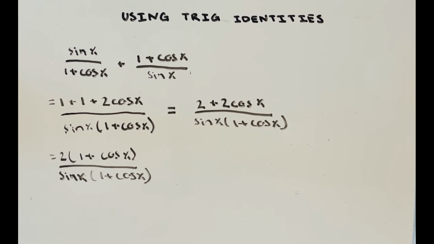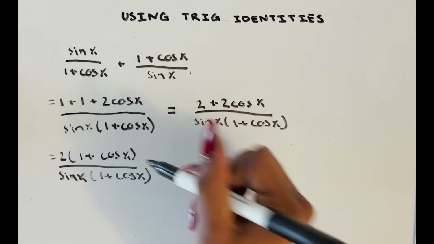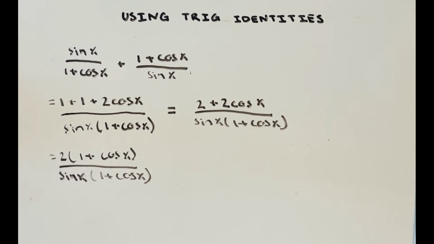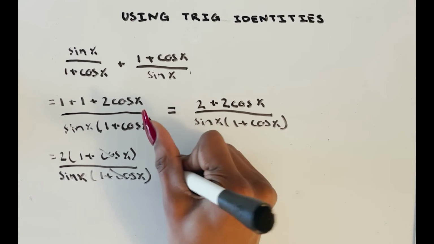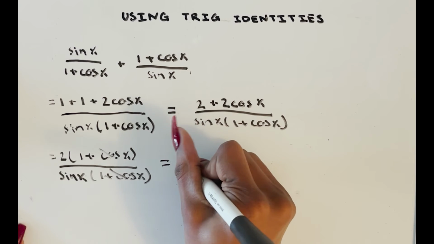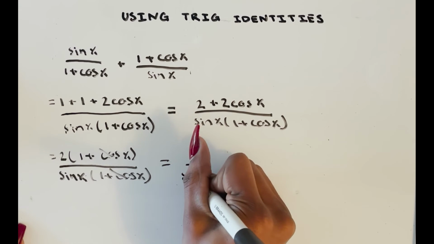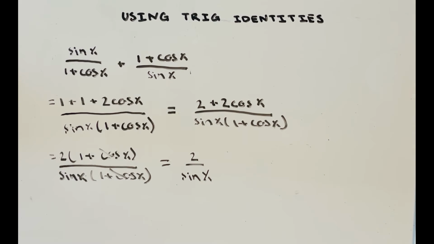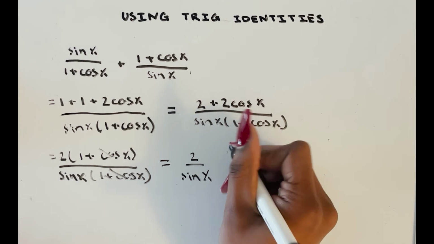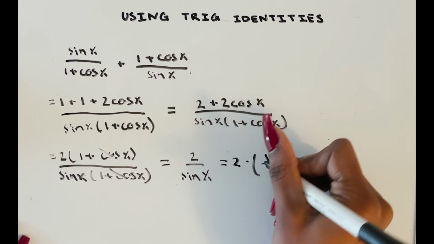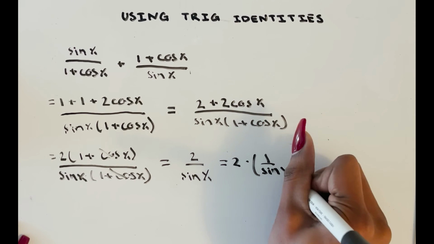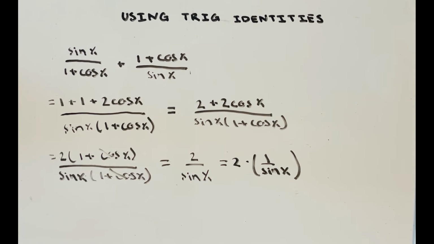Here we see that we have a factor of 1 plus cosine of x in the numerator and denominator. And so the factor can then be canceled out, leaving us with 2 over sine of x. Let's rewrite this as 2 times 1 over sine of x, which is actually a trig identity.